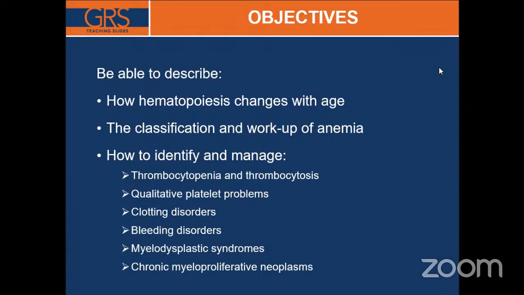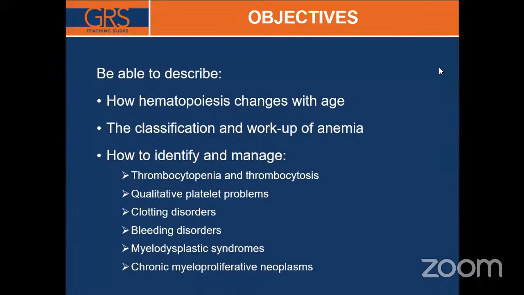Welcome to our exploration of hematology with the focus on the older adult population. As we age, our hematopoietic system undergoes significant changes, affecting everything from blood cell production to the management of various blood disorders.